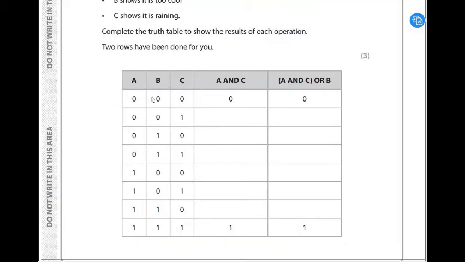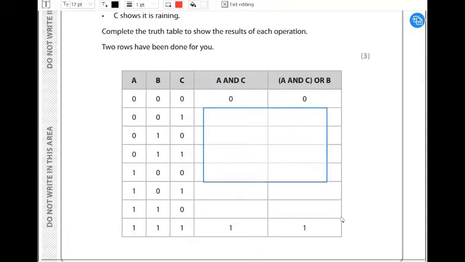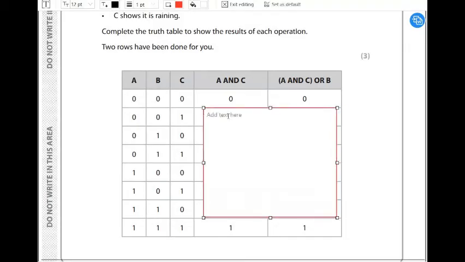So if you remember from logic gates, right, we got A and C is just going to be a 0. So what I am going to do is show you what I mean. So in here, we're just going to have a 0. Then A and C or B, that's still a 0. Right, next one. A and C, that's still going to be a 0.